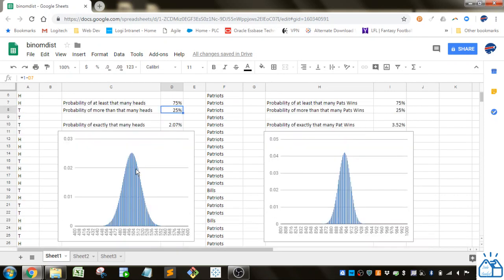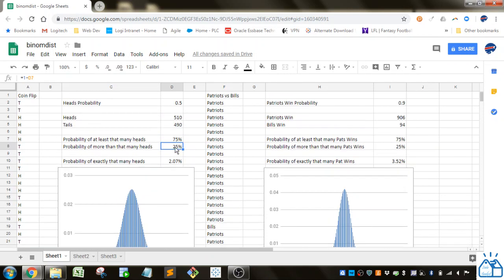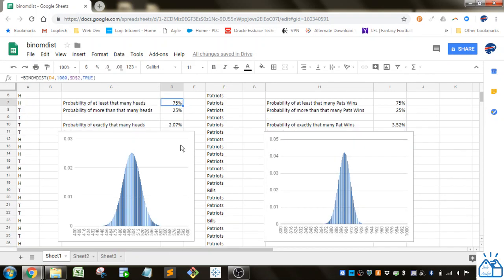If we look where 510 is, around right here, and take the area under the curve to the left of this, you'll get 0.75, so 75%, since the total area under the curve is 1. The area to the right of this is 25%, which is the probability that you'll get more than that many heads, which you can get by using 1 minus this value.